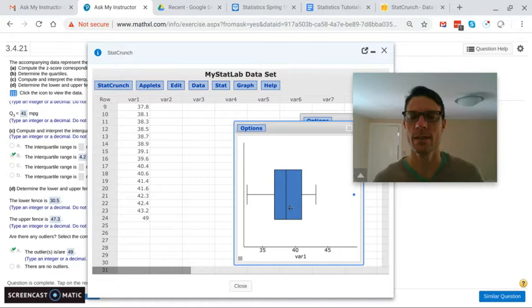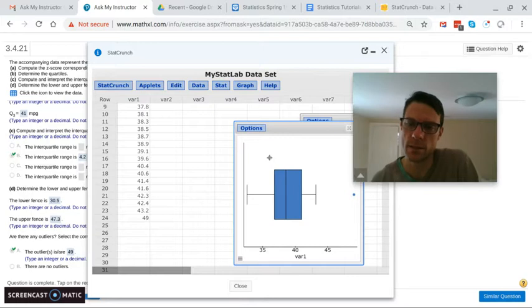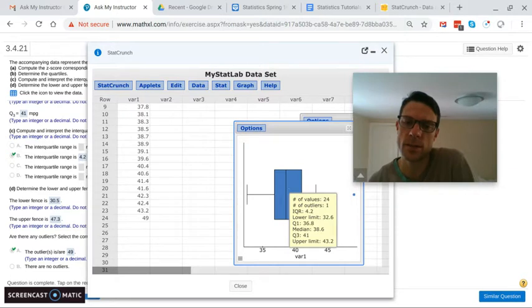The cool thing is it shows you which point's an outlier without you having to look through the data table, which is nice. With 24 data points it isn't bad, but if you have a ton of data, it really helps to have the computer find it for you.